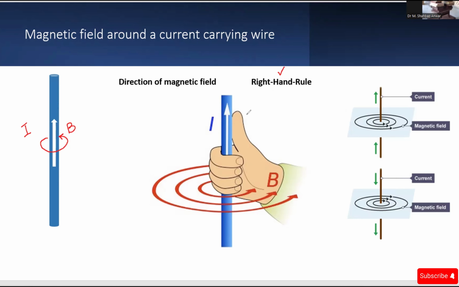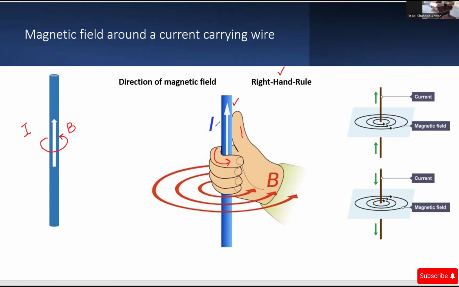The right hand rule is: use your right hand and put the thumb along the direction of the current, and the curl of the fingers will give you the direction of your magnetic field.